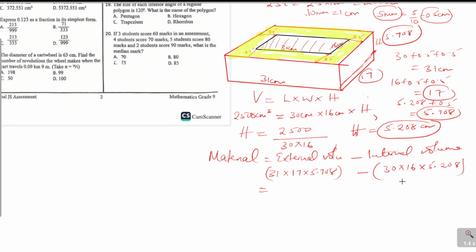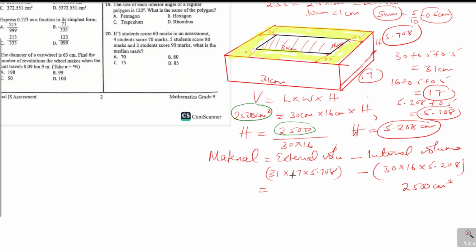Unless there may be a slight difference because of approximation of the height, we already have it as 2500 centimeters cubed. We are given the internal volume.